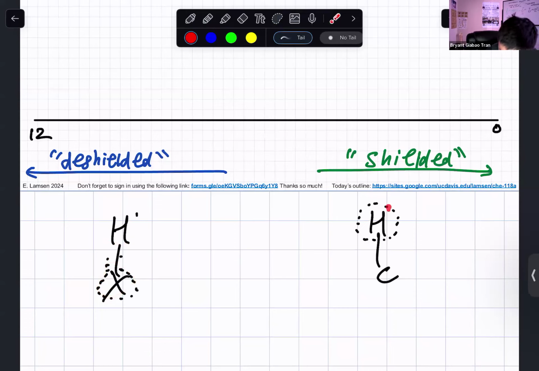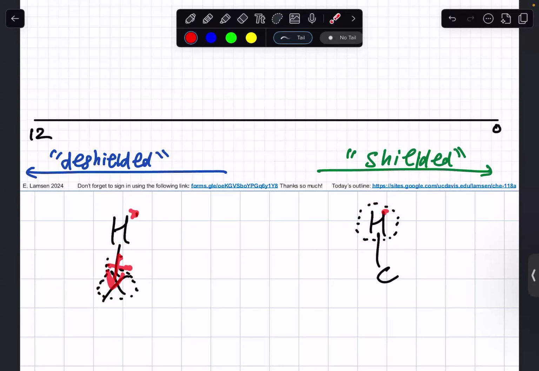You see how this hydrogen on the right is shielded because there are a lot of electrons attached to it, whereas the hydrogen on the left has only one electron. All of its electrons are being pulled by that electronegative atom, like fluorine, like you said, or oxygen or nitrogen.